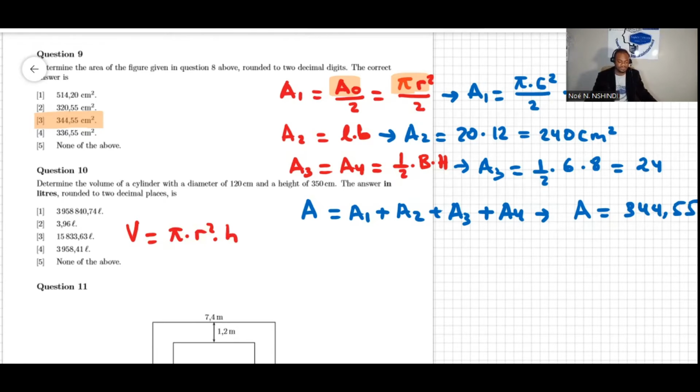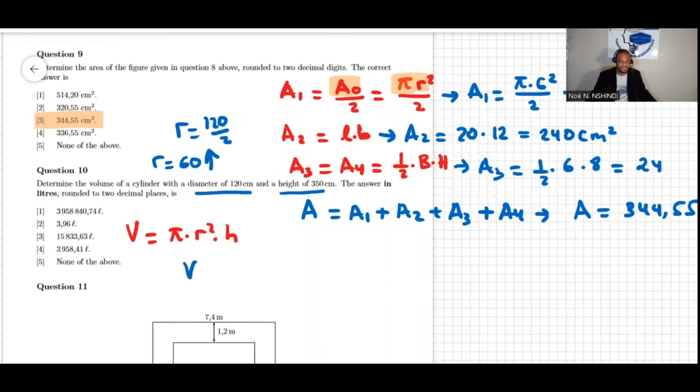The diameter is twice the radius, so to find the radius I do 120 divided by 2, which is 60. So r equals 60 centimeters, and the height is 350 centimeters.